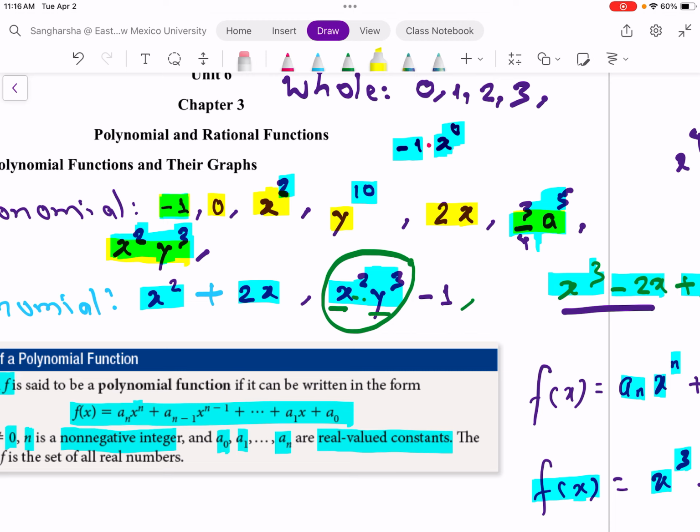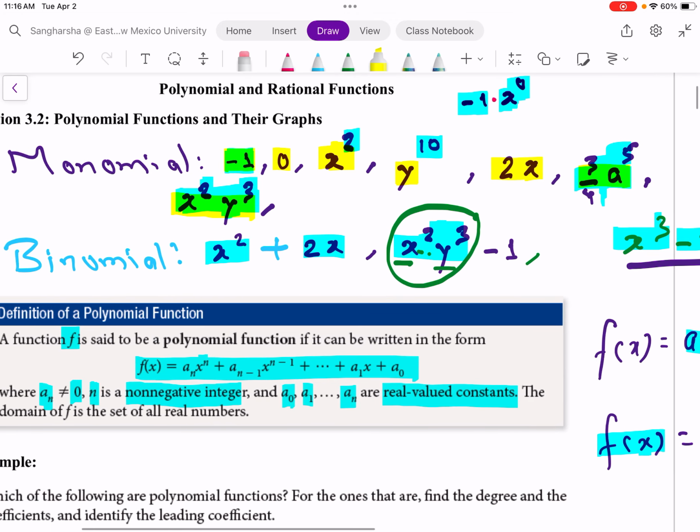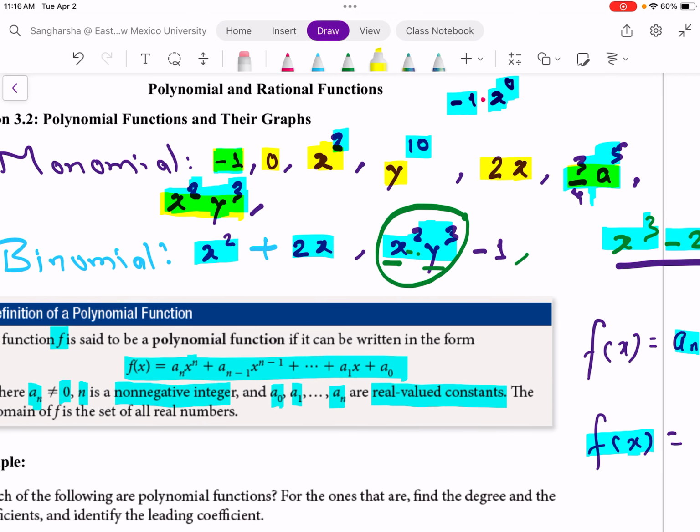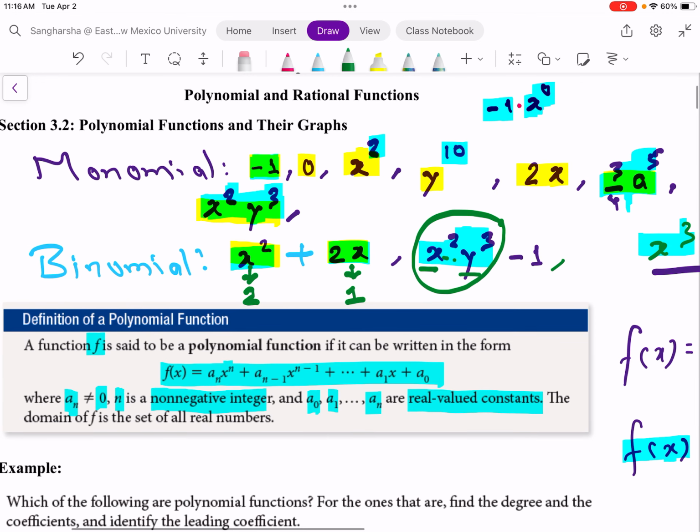Now in the binomial, we have 2 terms, x squared and 2x. Let's find the degree of each term. What is the degree of this x squared? 2, right? And what is the degree of 2x? 1. Now if we have a binomial, trinomial or polynomial, the degree is always the highest degree.